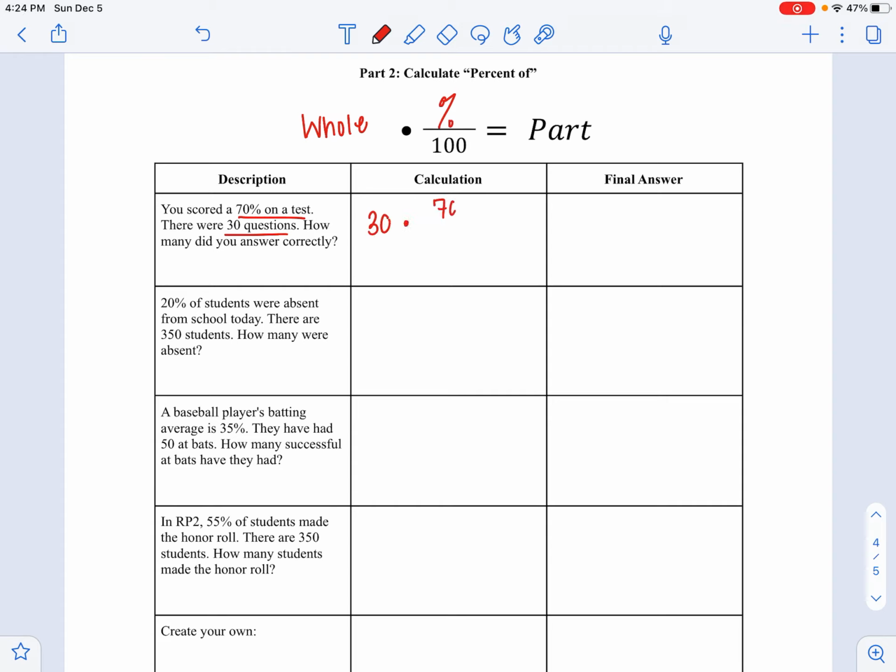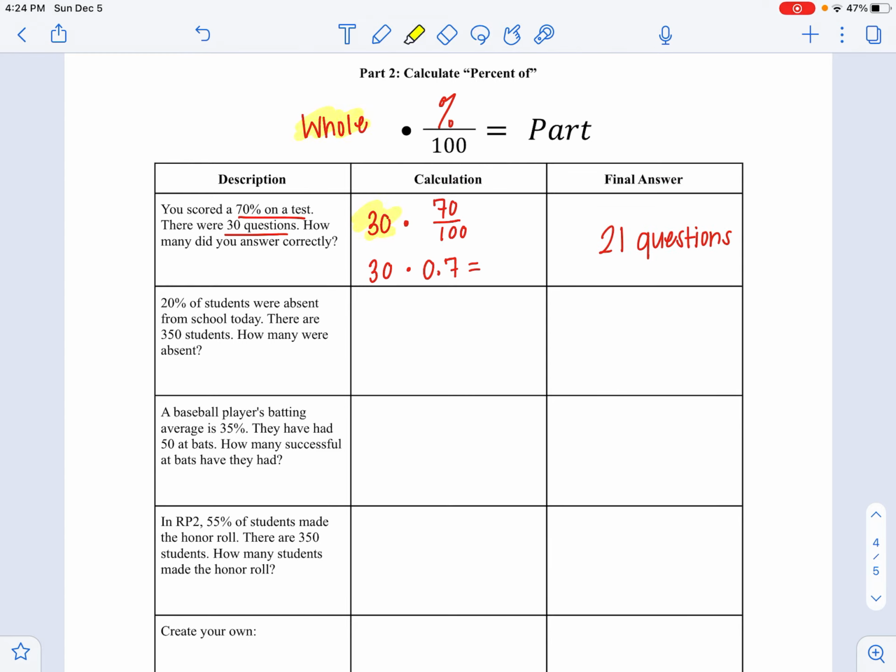If I multiply 30 times 70 over 100, I'll know how many questions I got correct. 30 times 0.7, because that's 70 divided by 100, gives me a final answer of 21. And so I know that I have 21 questions correct on that test.